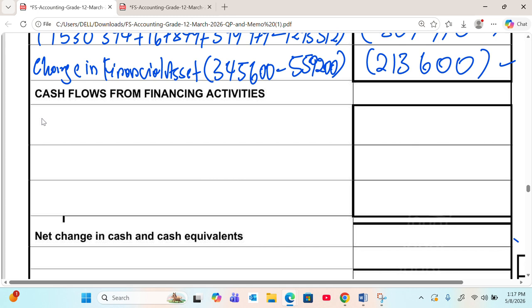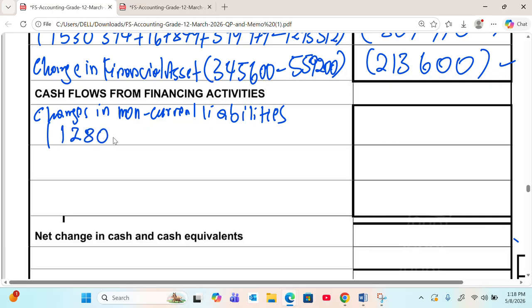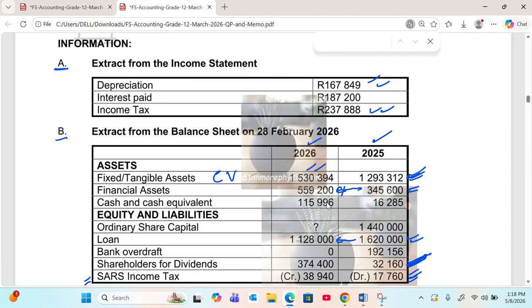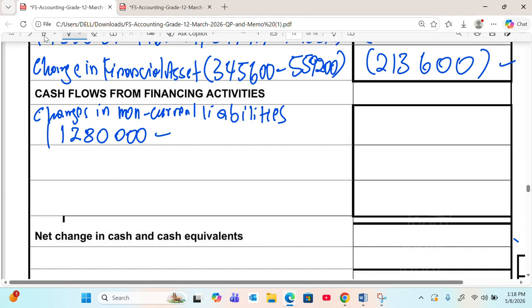So we have firstly changes in non-current liabilities, because at the beginning of the year our loan amount was, sorry, it was at the beginning, guys, 1,620,000.